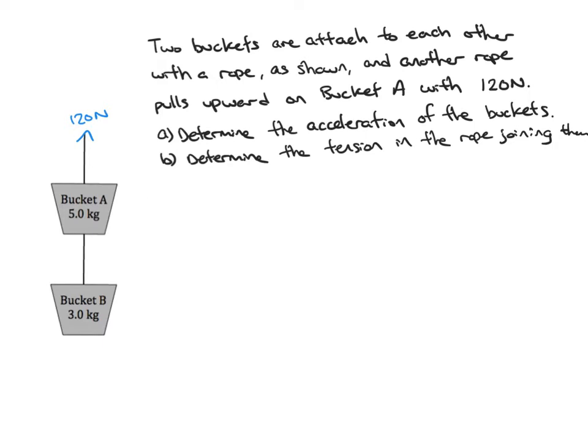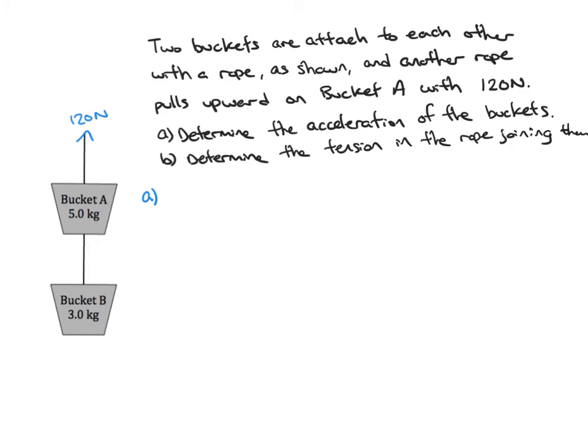So starting with A, the quickest way to do this, in my experience, is to just simplify the question and think that we have 120 newtons pulling up both buckets together.